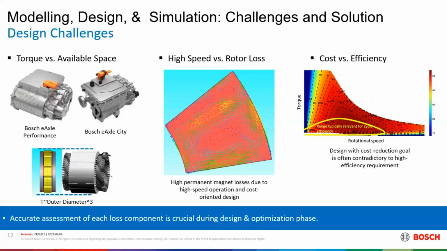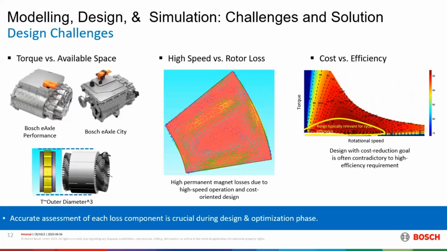Secondly, we have a problem with the eddy current loss within the magnets. Compared to a radial flux machine in the same power range, designed under all the same requirements, the axial flux machine does have substantially more eddy current losses within the magnets.